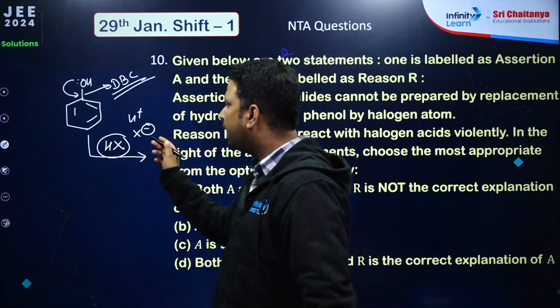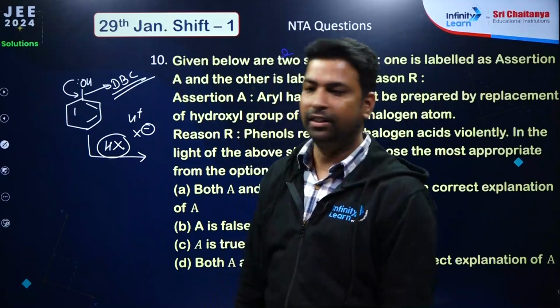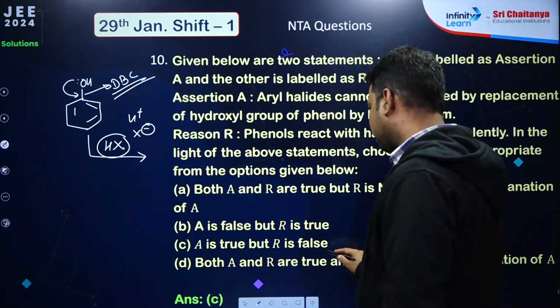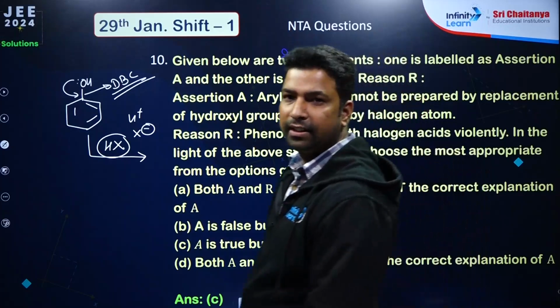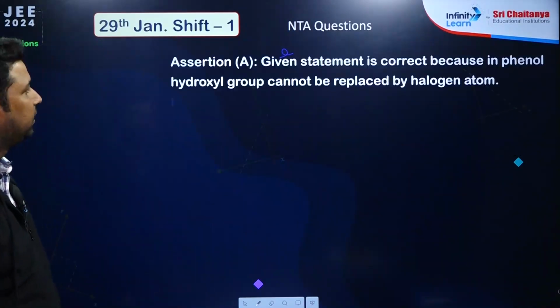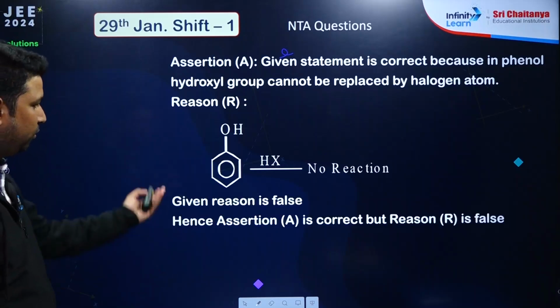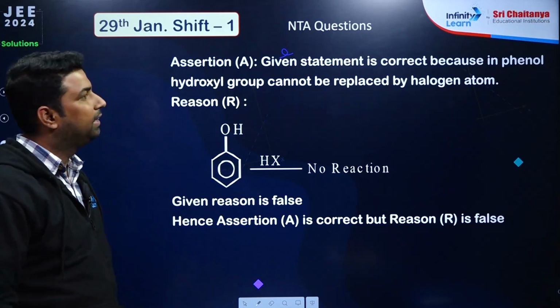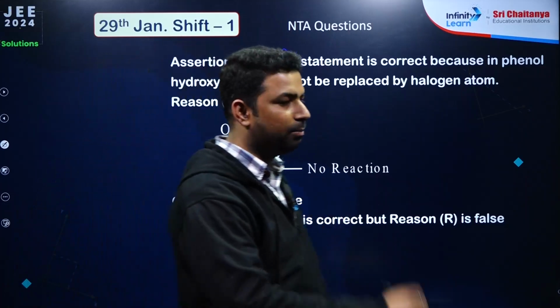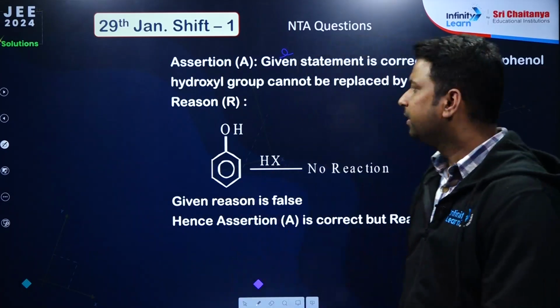So it will not allow attack by X minus. So the reason is basically false. So C will be your option. Assertion is true, but reason is false. Okay. So this is your reason. No reaction will happen. And in case of phenol, since there is double bond character, halogen cannot replace the OH group.